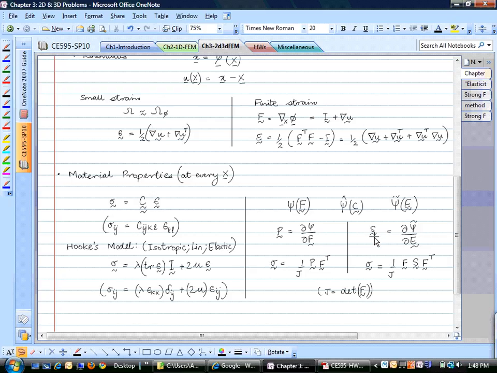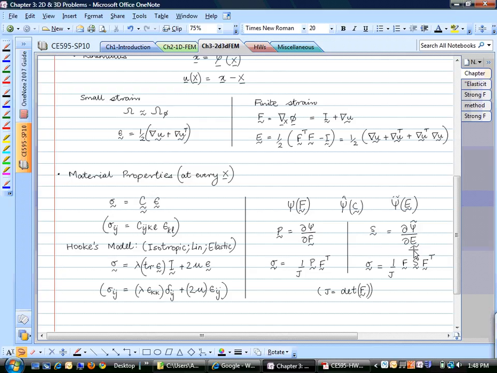Similarly, this is what is called the second Piola-Kirchhoff stress tensor. And this is just a definition. There's not a whole lot of physical meaning to it. Towards the end of this chapter, we'll actually show you that people didn't just come up out of thin air with these definitions. If you just follow the weak form, transform your equations, these definitions come out of that.